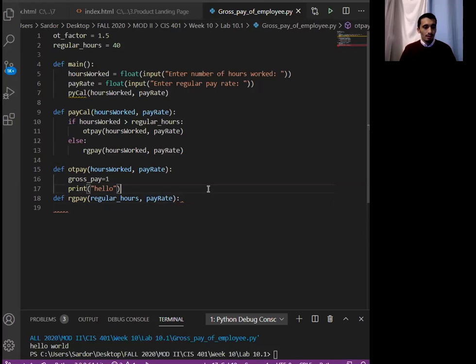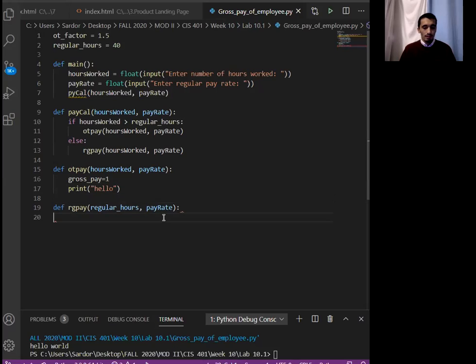Let's give it some space so it'll be clear. And we go with gross pay equals, as we stated, regular hours multiplied by pay rate.